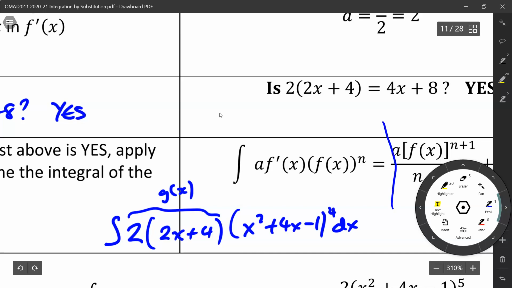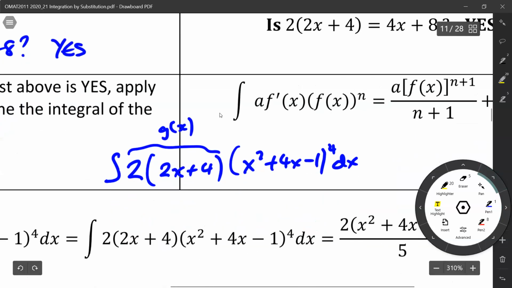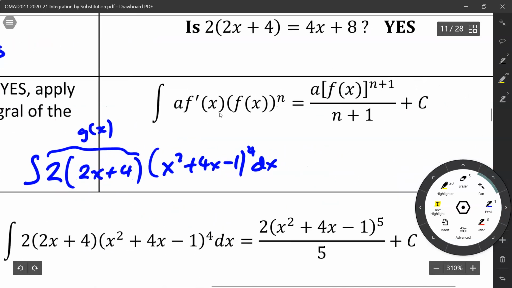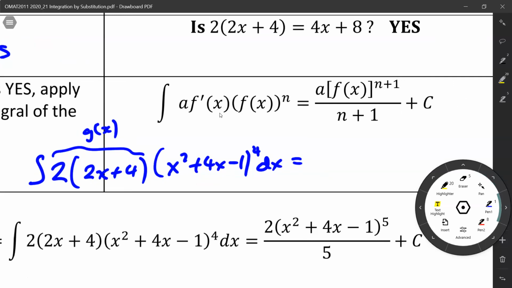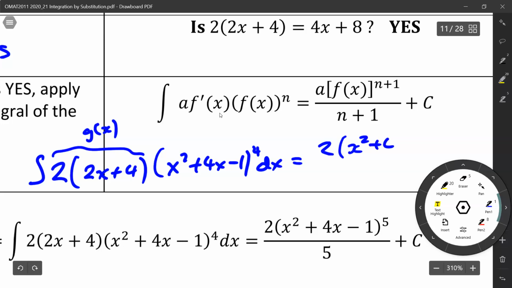If we apply our rule here, and I'll just scroll to the left, I'm applying this rule here. You can see I have it written down below, but I just take a, so a is 2. Our function here is x squared plus 4x minus 1. The power was 4, so we add 1 to that to get 5, and we divide by the 5.